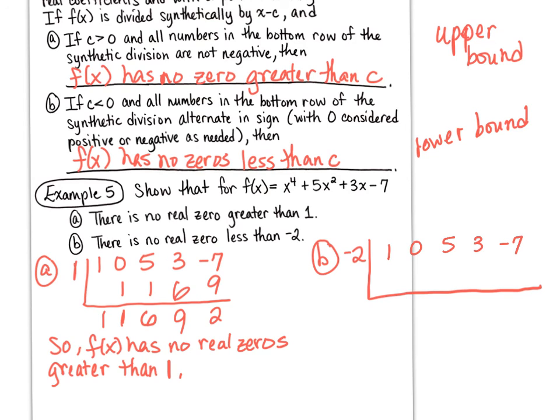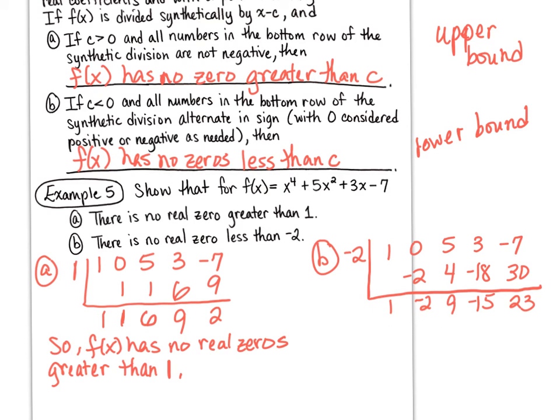And then you bring down your 1, multiply, add, multiply, add, multiply, negative 18, add, negative 15, multiply, add. Good. They all do what? They alternate in sign here.